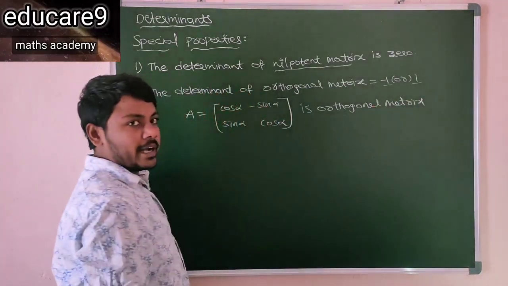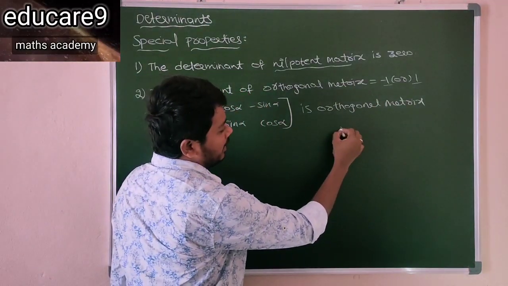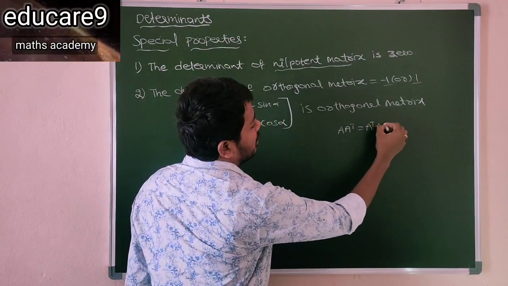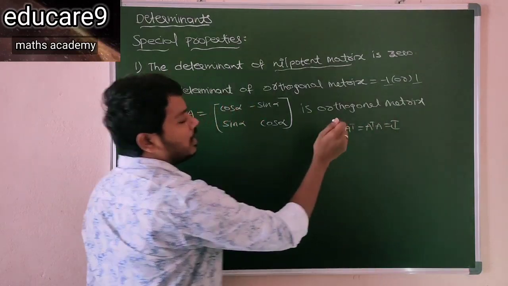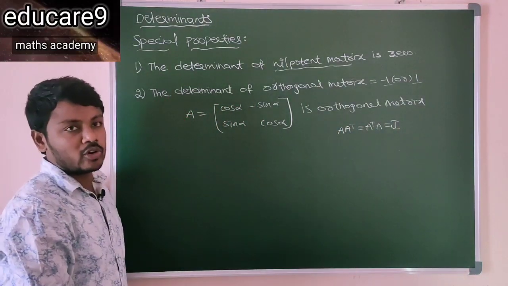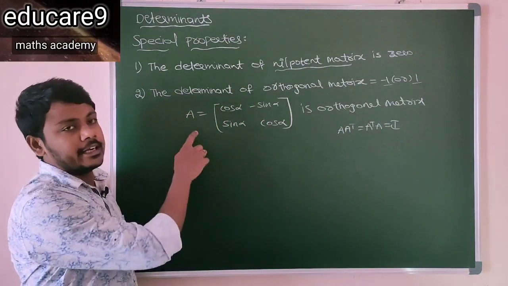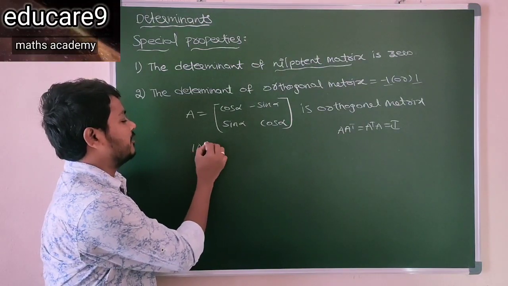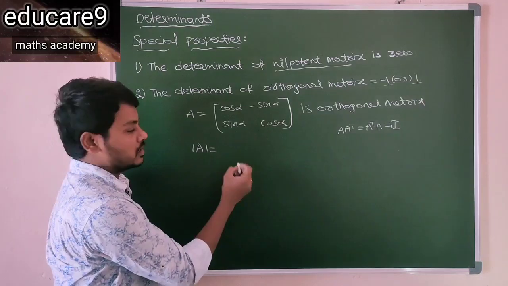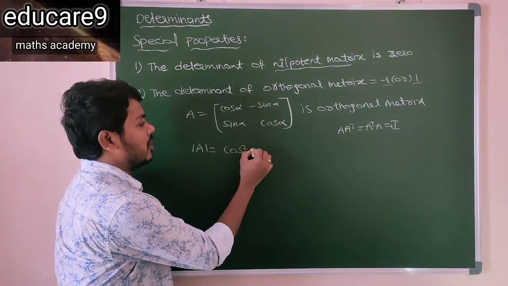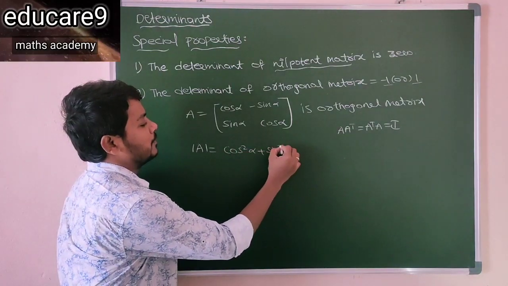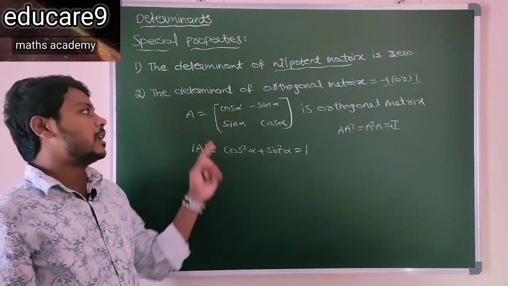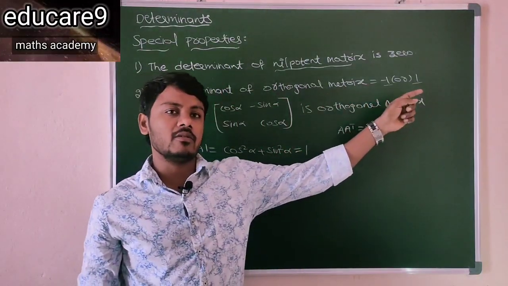What is an orthogonal matrix? A into A transpose is equal to A transpose into A is equal to I. Then only A is said to be an orthogonal matrix. Now find the determinant of this orthogonal matrix. Determinant of A is equal to cos square alpha plus sin square alpha. So clearly the determinant is 1. Therefore the determinant of this orthogonal matrix is 1.